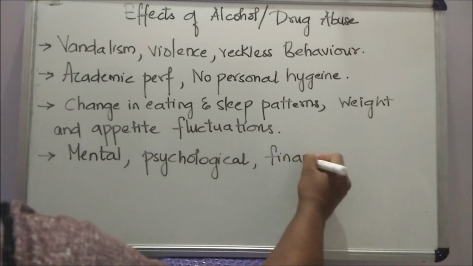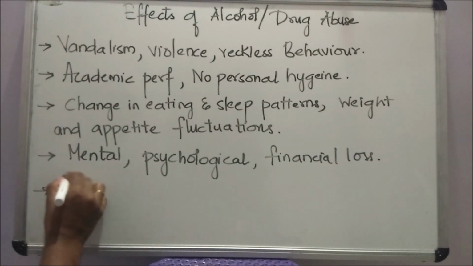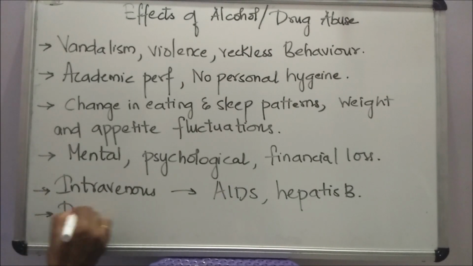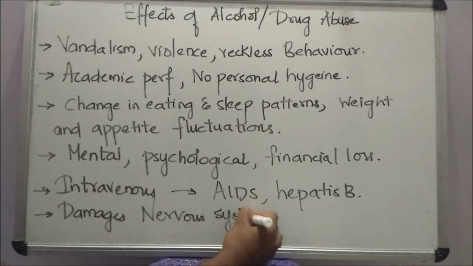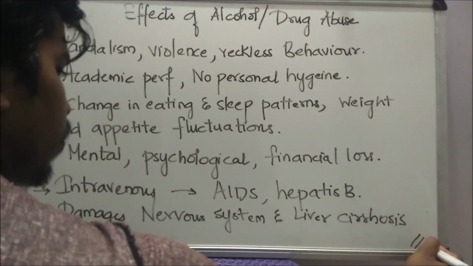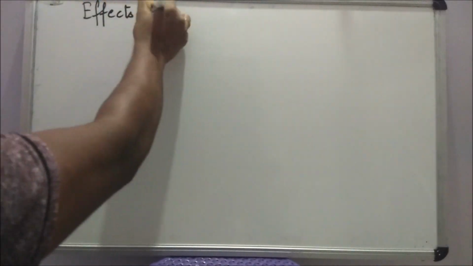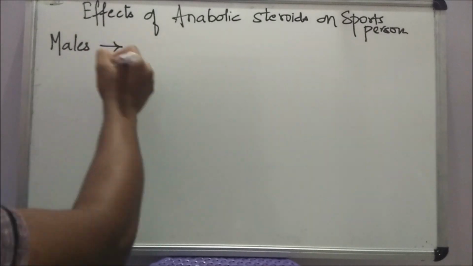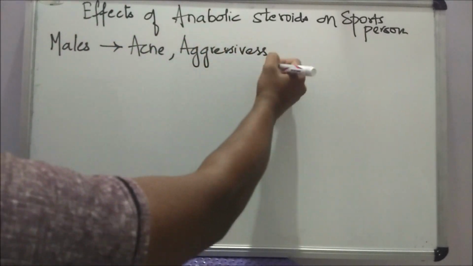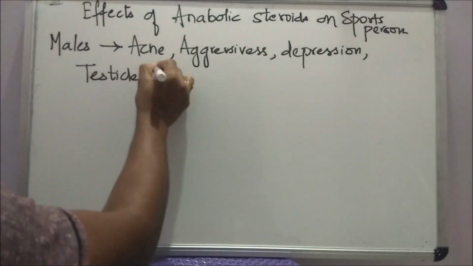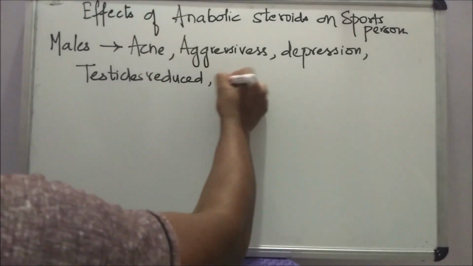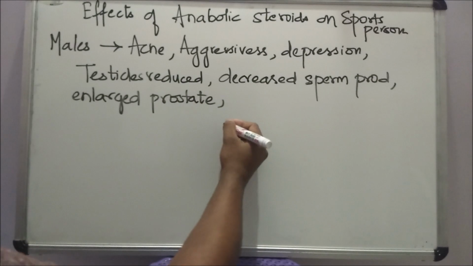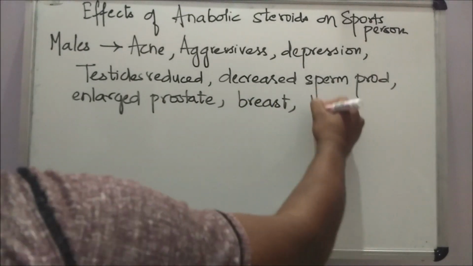Those who take drugs intravenously have a high risk of acquiring deadly diseases such as AIDS and hepatitis B. Damage to the nervous system and liver cirrhosis is found. The use of anabolic steroids by sportspersons has adverse effects. In males, it causes acne, aggressiveness, depression, reduction in size of testicles, decreased sperm production, enlargement of prostate gland, breast enlargement, and premature baldness.